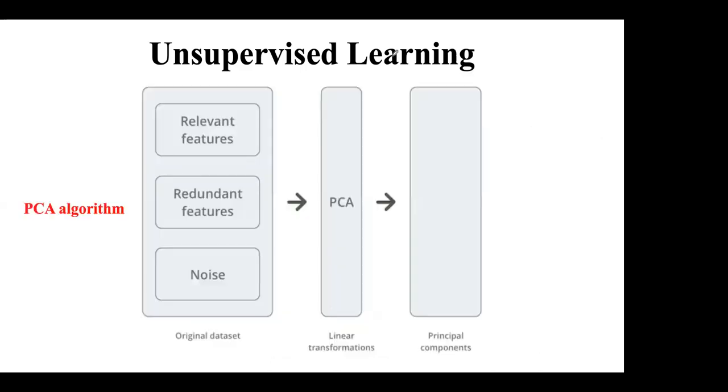But how does it work? When you have the original dataset, you can find some relevant features, which are those that we are looking for, and keep them. These features contain the most valuable information about our dataset. We also have some redundant features, which means some just zero data that is not necessary to keep at all. And we also have noise.